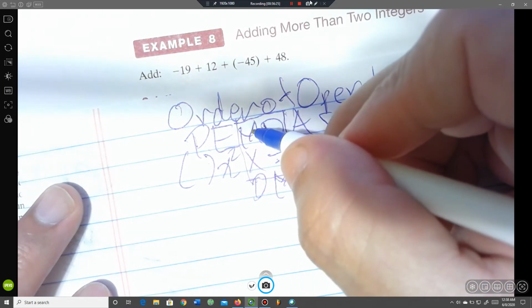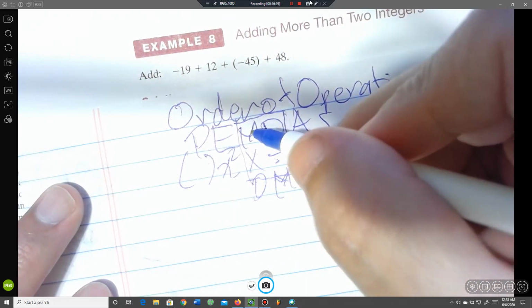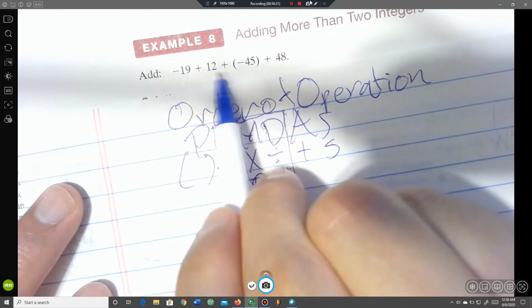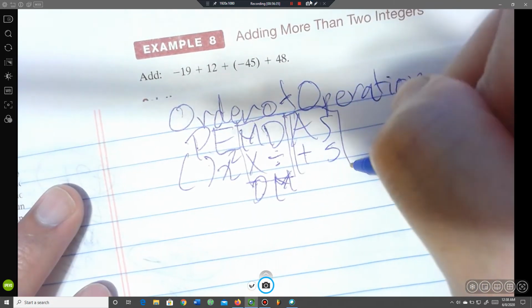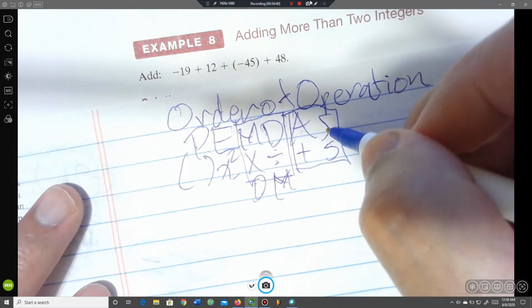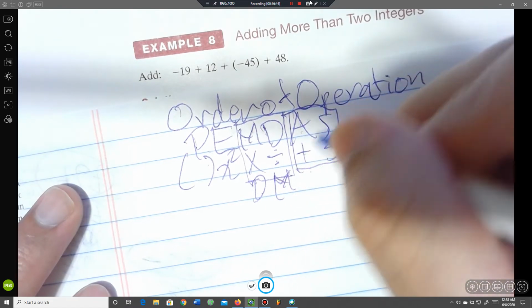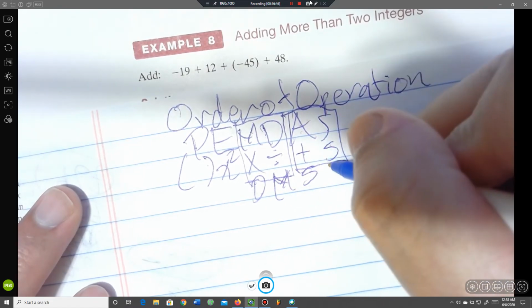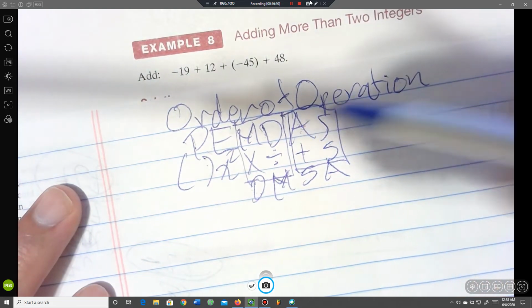If multiplication comes first on the list here, then do multiplication. If division comes first, then do division. And addition and subtraction, if subtraction comes first, then go ahead and do subtraction first. If addition comes first, go ahead and do addition first.